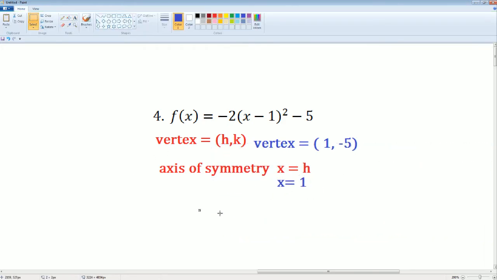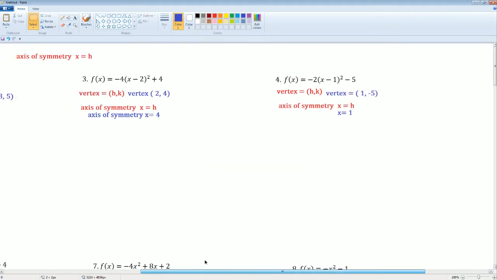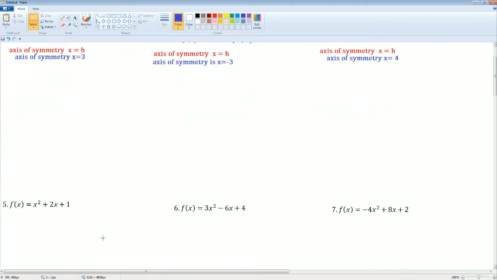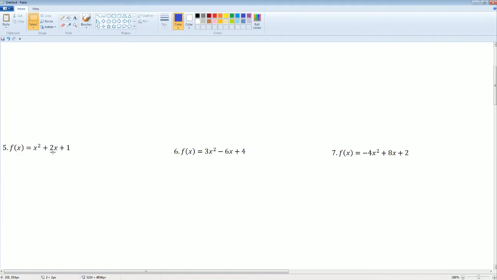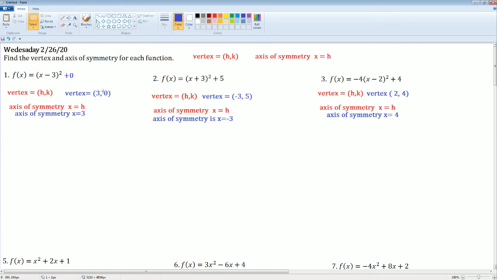Okay, good. Now, the big one. What happens when it's like these? All right, this is not in this format. These are different. This is in something called your quadratic equation format, the standard form basically. It doesn't look like this. This is called vertex form, because we can get our vertex very easily.